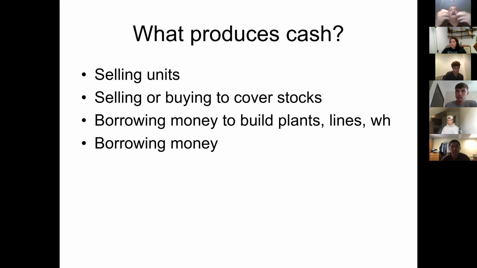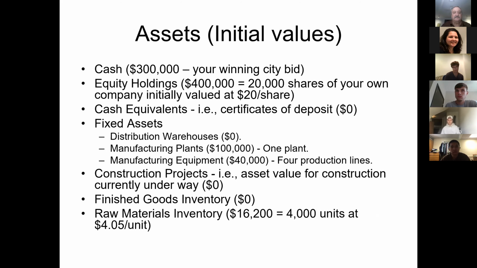Then when you want to get out, you buy to cover, and you make whatever profit or potentially loss comes from those transactions. You can also borrow money. You can borrow money to build plants, manufacturing lines, and warehouses, and this is at one interest rate. If you just want to borrow cash, that's at a higher interest rate. Okay, that shows how the cash flow works.